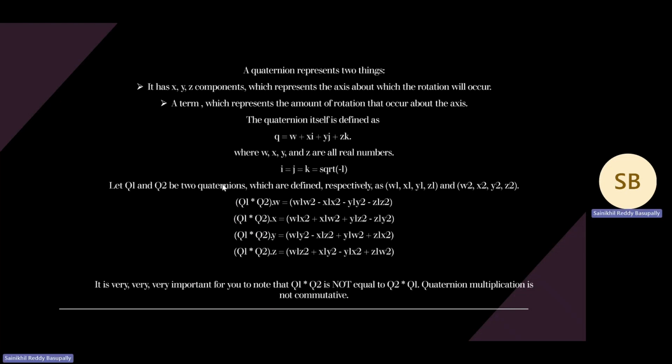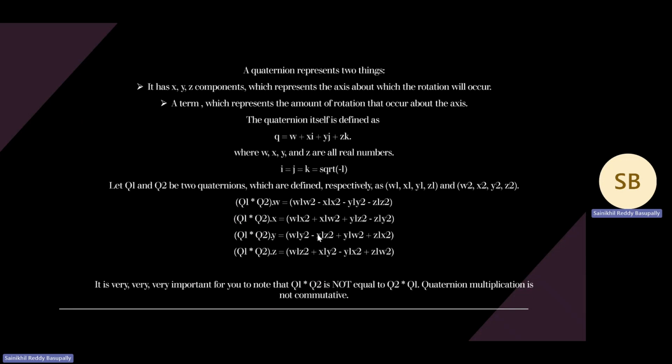Let's consider these two quaternions Q1 and Q2, which are defined as (W1, X1, Y1, Z1) and (W2, X2, Y2, Z2). So the W component of Q1 cross Q2 will be W1W2 minus X1X2 minus Y1Y2 minus Z1Z2.